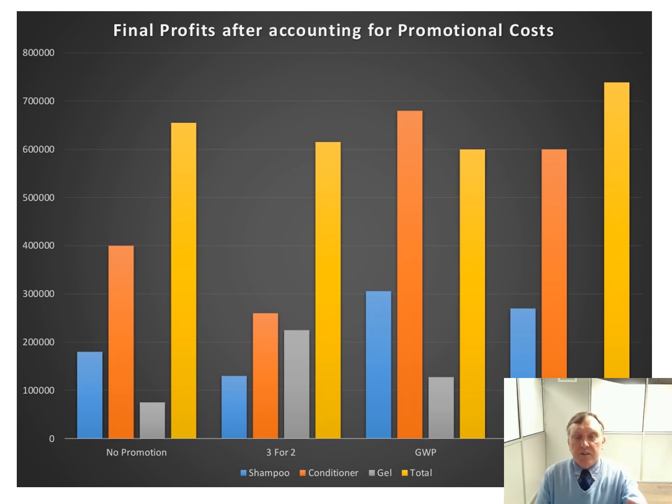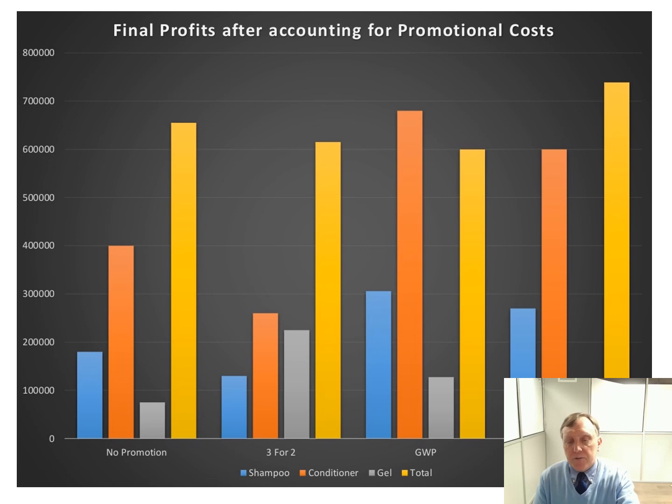Now, as you can see, the profits that we're making on each of the products, from the shampoo, the conditioner, and the gel, with the first 3, and then obviously the total at the end. So let's just concentrate on the total profits that were made. With no promotion at all, the profit made was 650,000, approximately, a little bit more.